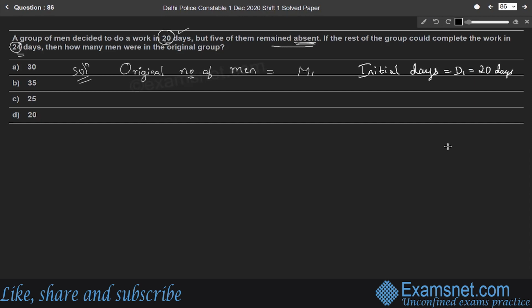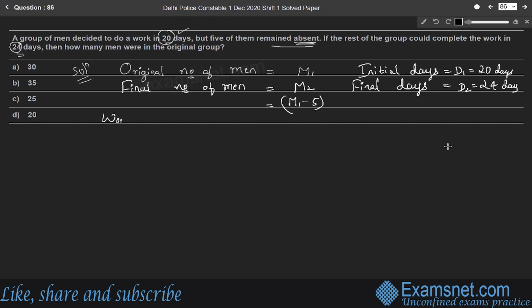The final number of men, to complete the same amount of work, let it be M2, where 5 are absent, we can write it as M1 minus 5. Do you agree? And the final days, that means they took 24 days to complete the same amount of work, we'll consider as D2. But the same amount of work is done in these two situations, right?